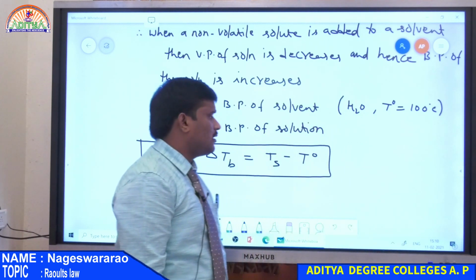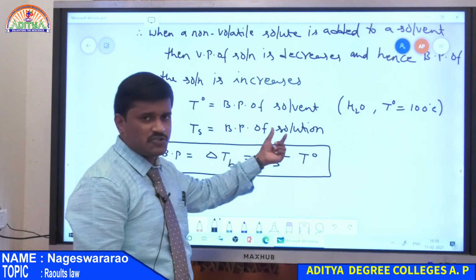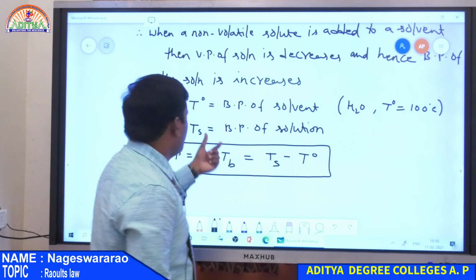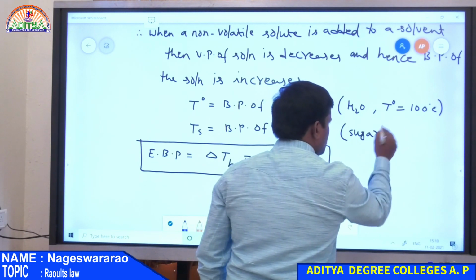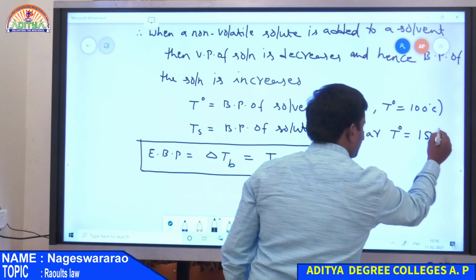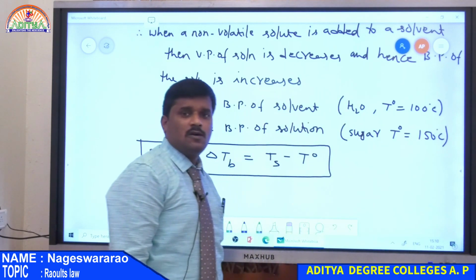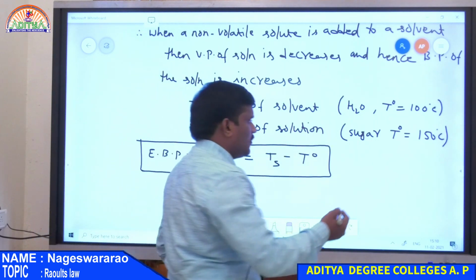centigrade. Now when a non-volatile solute is added, it becomes a solution. Then the boiling point of that solution, either sugar solution or NaCl solution, is maybe 150 degrees, which means the boiling point increases. Now what is the increase in boiling point?